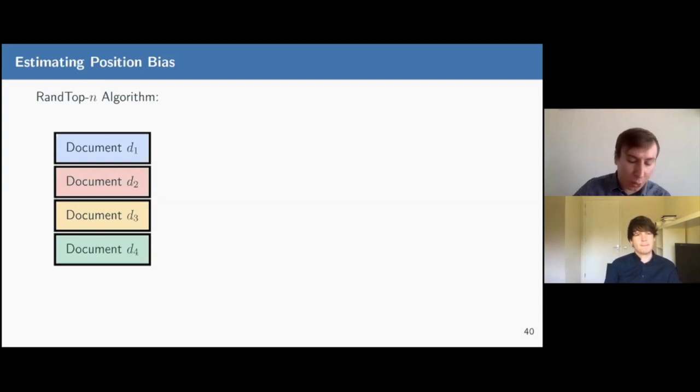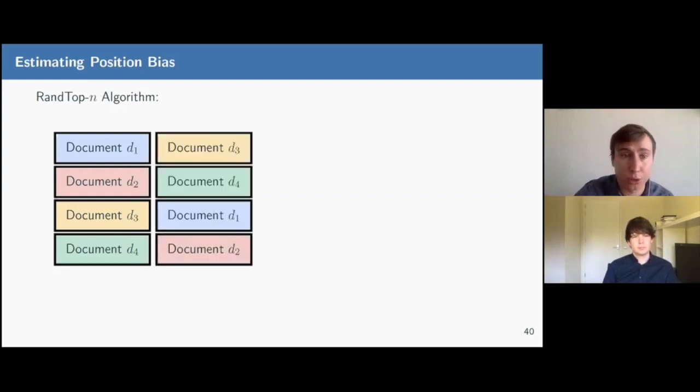The point of this algorithm is that when you are going to collect clicks, or even before then, you just randomly shuffle these top n results. So we might get a different ranked list that we show to a different user that looks like this: document D3, D4, D1, D2. So they're in a uniformly randomly shuffled order.